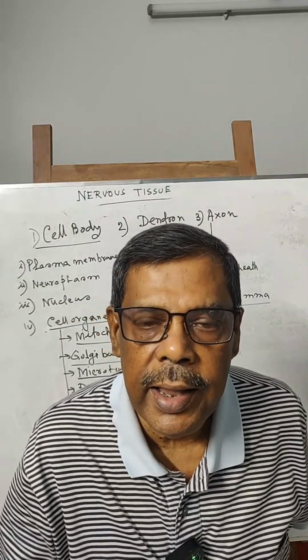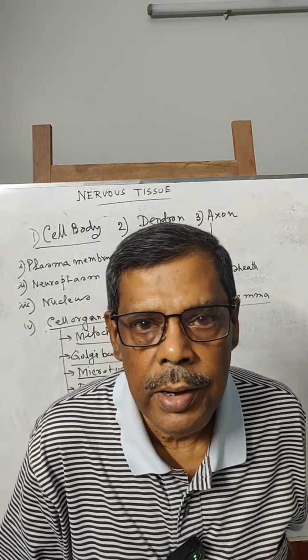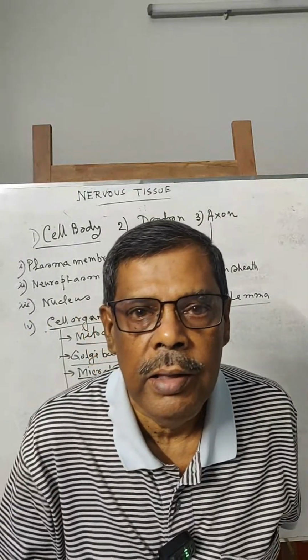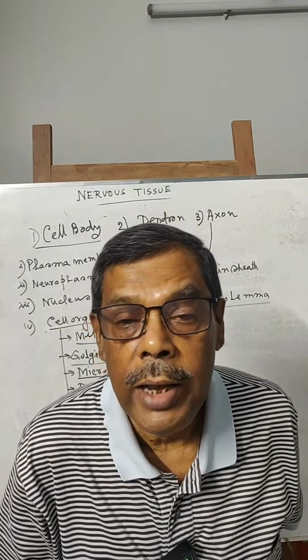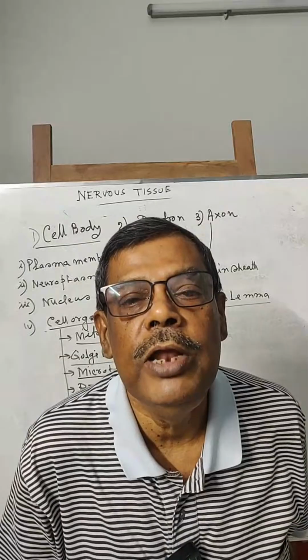But in the central nervous system, the medullary sheath or myelin sheath is produced by oligodendrocytes. So there is no nucleus of Schwann cell.